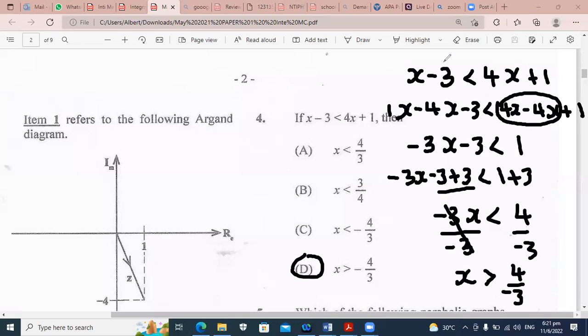Yes, sir. Right, so if the 4 was negative, then the two negatives would cancel out. Well, it wouldn't be A because there's no negative on the 4, and it wouldn't cancel out. The sign would have to change. Follow?